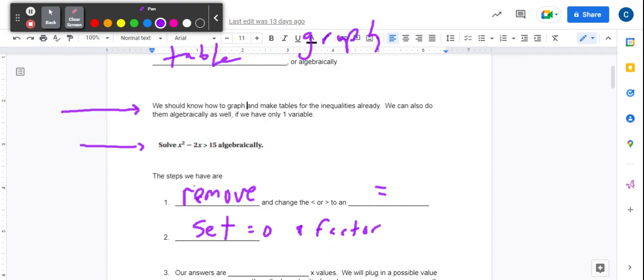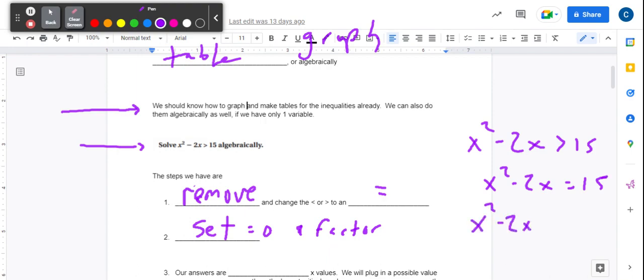Okay, so if we have x squared minus 2x is greater than 15, let's make it x squared minus 2x equals 15. Then we'll move the 15 over to set equal to 0. So we have x squared minus 2x minus 15 equals 0.